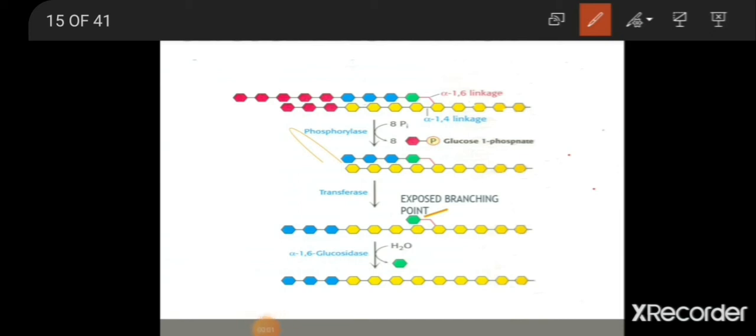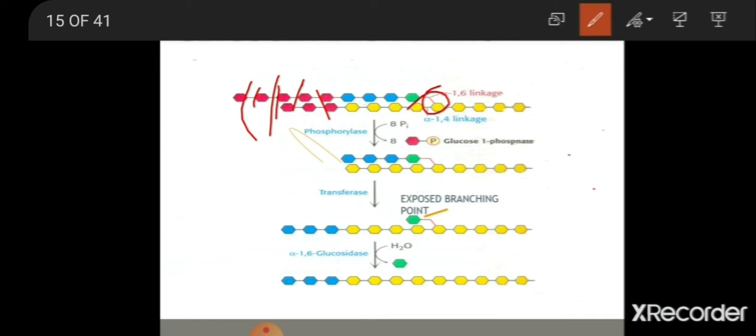So this is the glycogen molecule. So these are alpha-1,4 linkages. This glycogen phosphorylase enzyme will act on these alpha-1,4 linkages and it will release glucose as glucose 1-phosphate. When it reaches the alpha-1,6 linkage, it cannot act on the alpha-1,6 linkage.